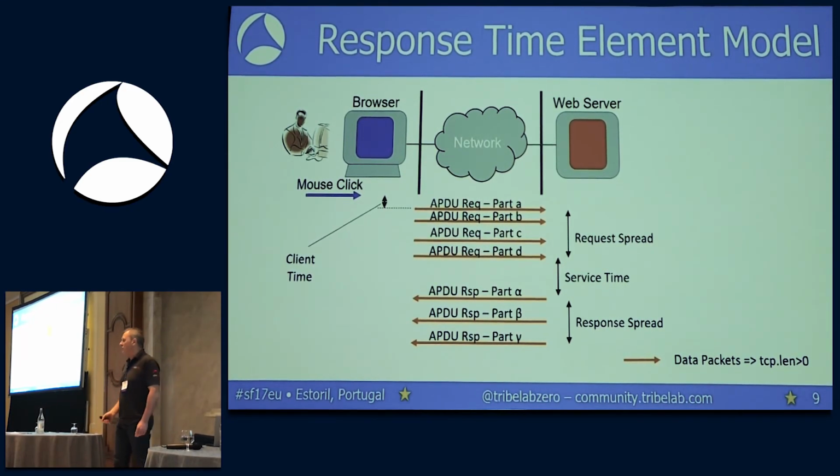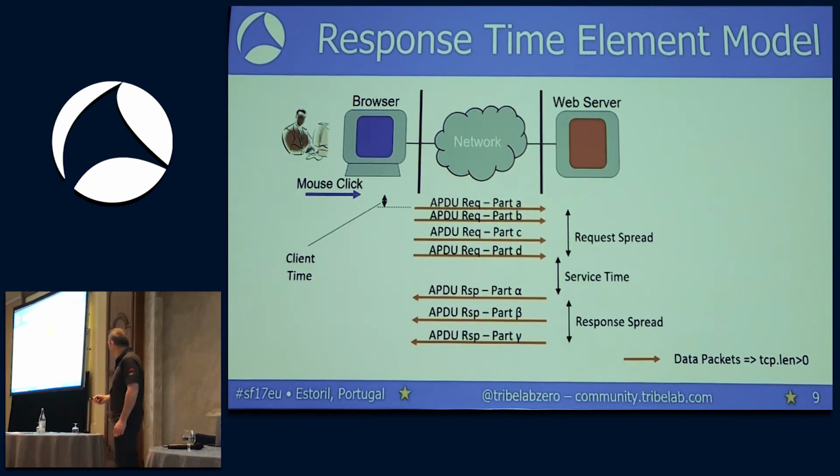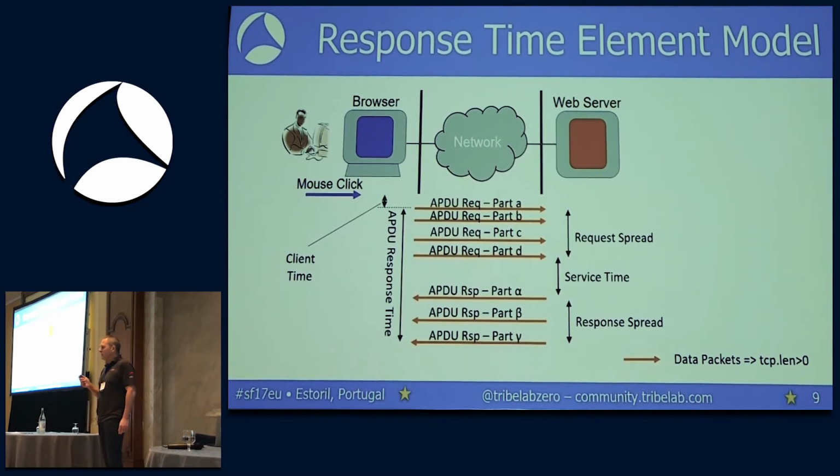Same idea, just the time it takes to transfer the data from the web server back to the browser. The total time from the first request to the last response, we'll call that the APDU response time. So we have these four distinct measurements: APDU response time, service time, request spread, and response spread. The APDU response time is made up of the sum of the other three.